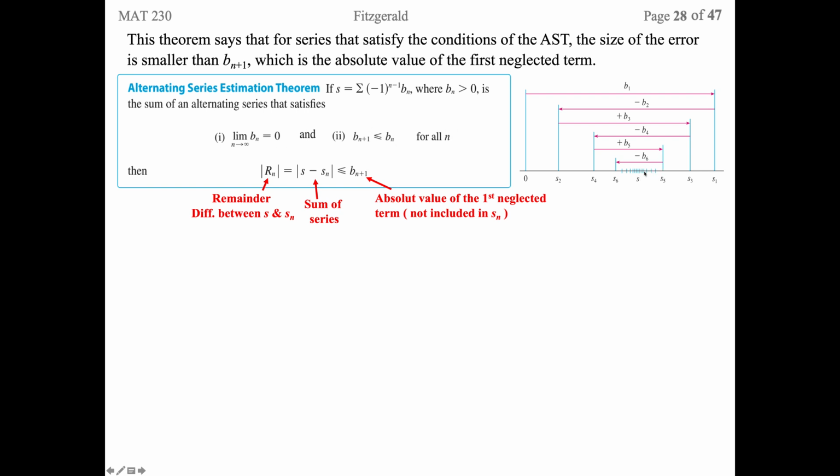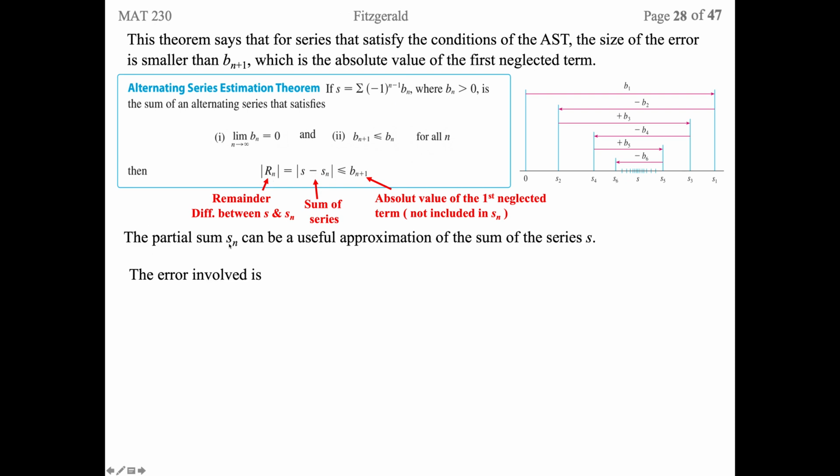Well, that distance has to be less than the next term after b sub 5, which is b sub 6. If I went back, from here I would add on b sub 7, which would probably be somewhere around here. That distance is greater than the distance between s and s sub 6. Okay, that's what this is saying.